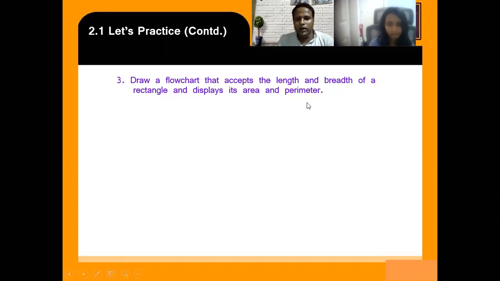So, do you know what is the area of a rectangle? The formula? Yeah, length times width. Yes, length into breadth. And your perimeter? Perimeter, length plus width plus width.